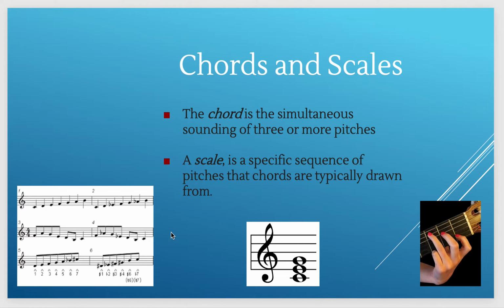Sometimes scales don't require skipping of notes. What I played for you didn't require skipping, but sometimes we have scales where we say, okay, this collection of pitches belongs together, but there's going to be some skips in the sound. So here's an example of one.